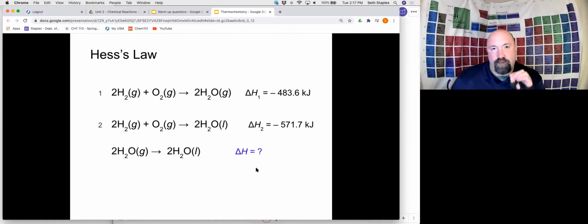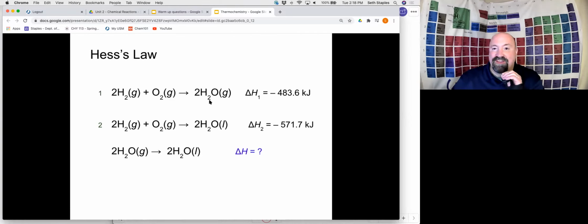So the first thing that we want to do is manipulate our given equations so that all of the reactants that we want are on the reactant side and all the products we want are on the product side. So we can see that we want 2H2O gas as a reactant. In equation 1, 2H2O gas is a product.